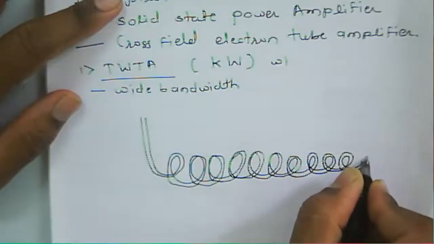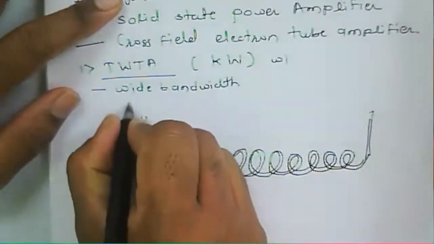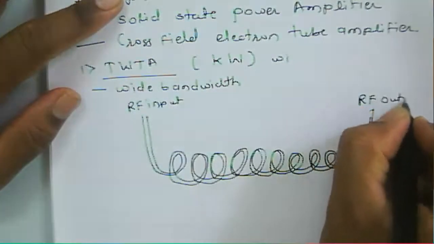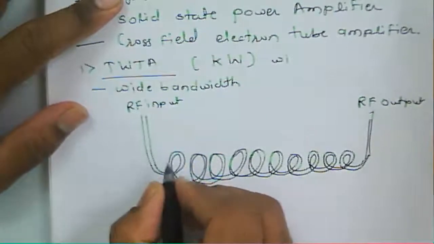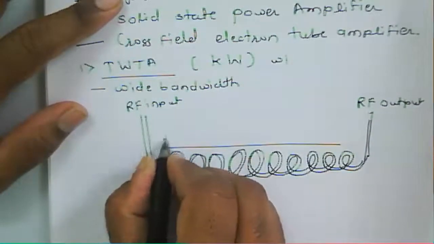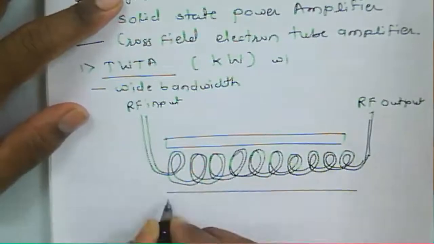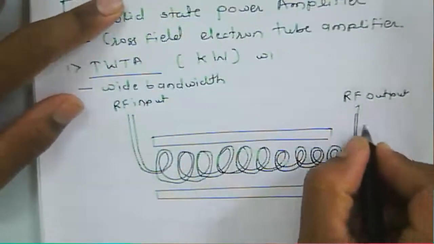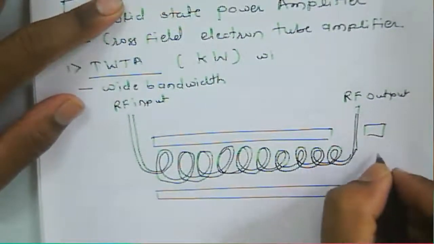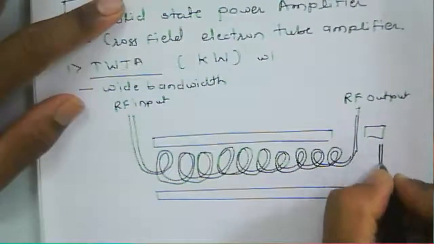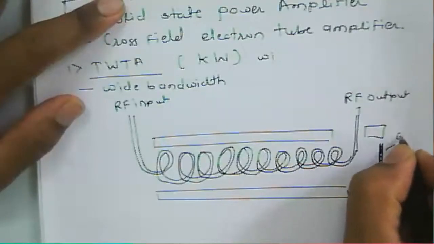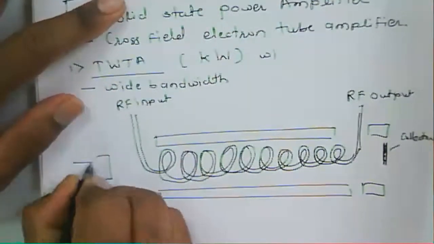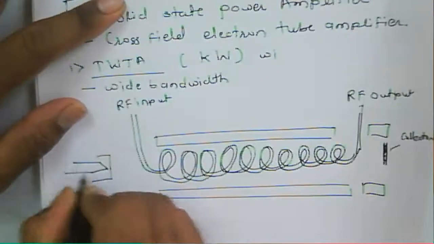This is the RF input, and here we get the RF output. Magnetic focusing is used to focus the electrons so they propagate through this particular tube. At the end is a collector, and here is a cathode heater.